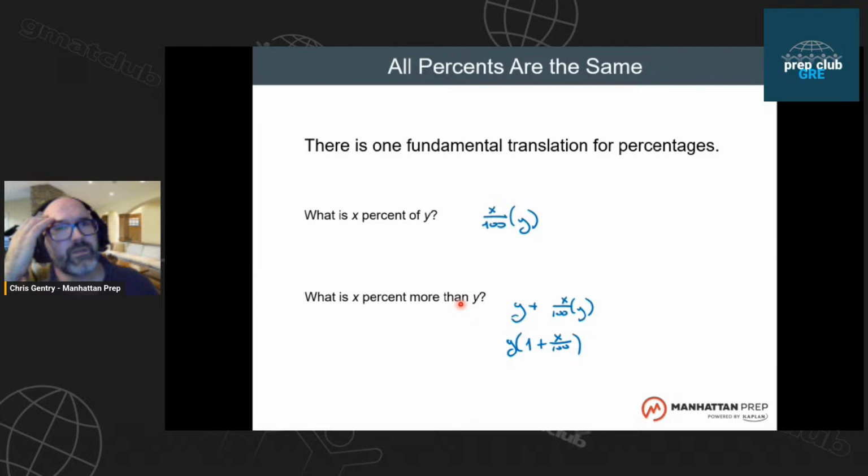One of the more frequent cases is an interest problem where you've got a principal and an interest rate, and they ask for the final value of the investment. There's your X over 100 times Y, but for the final value, the interest earned is added to the original principal. So this is the GRE phrasing, X percent more than Y, when they want the final total value.